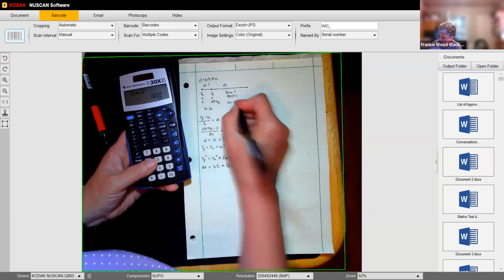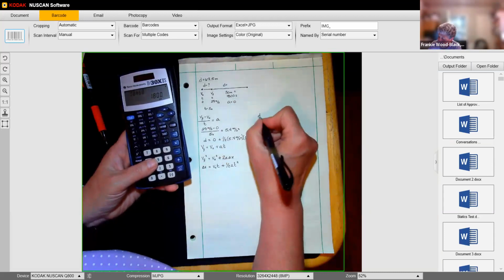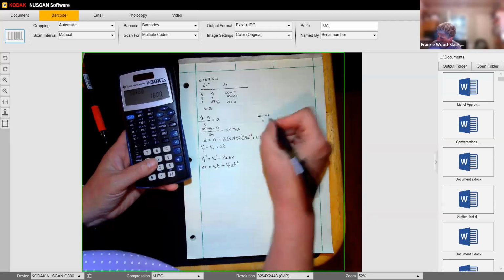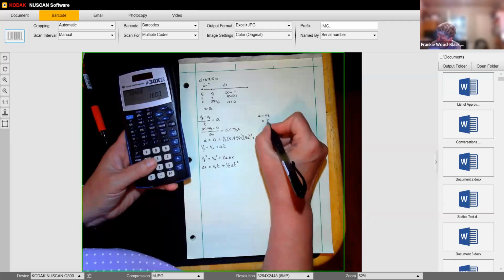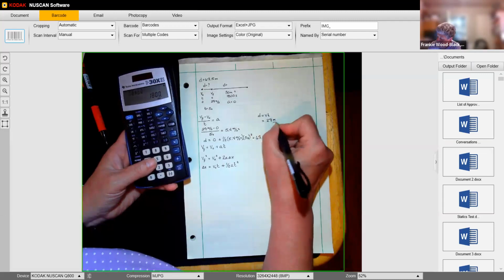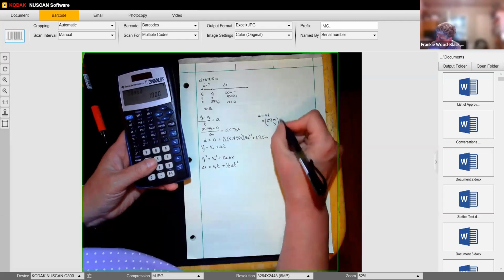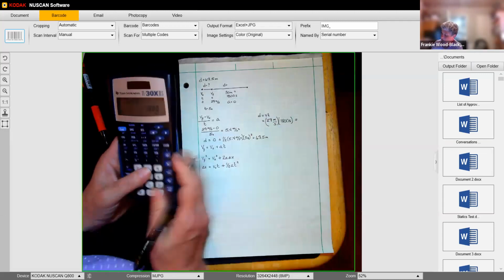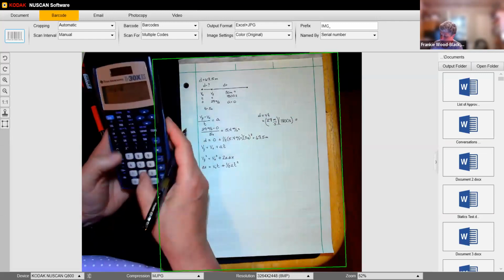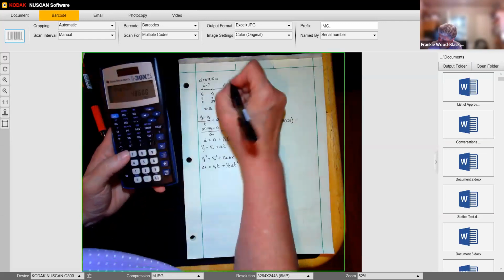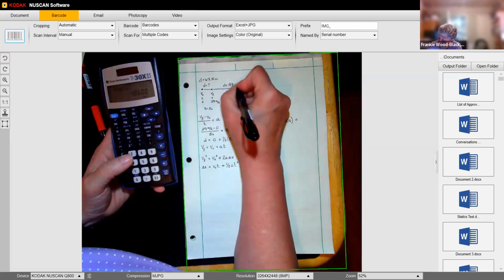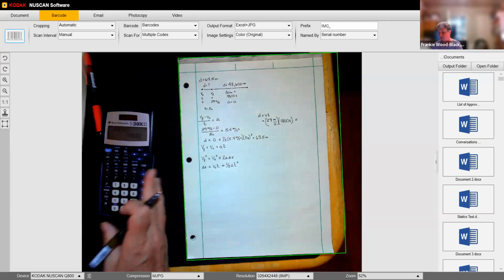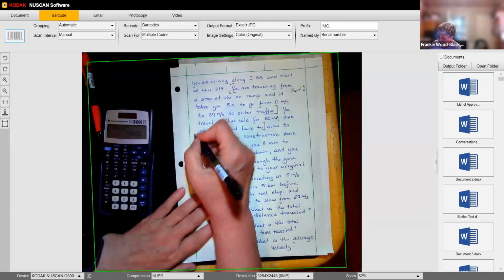So the acceleration is equal to 0. So my distance is just going to be my velocity times time. And I'm now in the right units. So now I'm going to do my 27 meters per second times my time of 1800 seconds. That gives me a distance of 48,600 meters. So we've got the second part done.